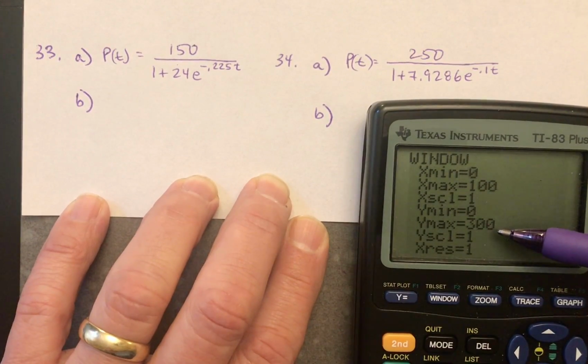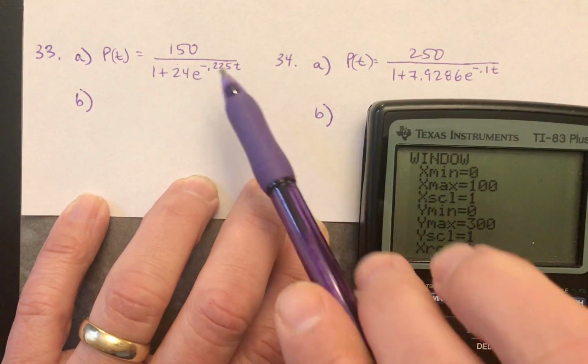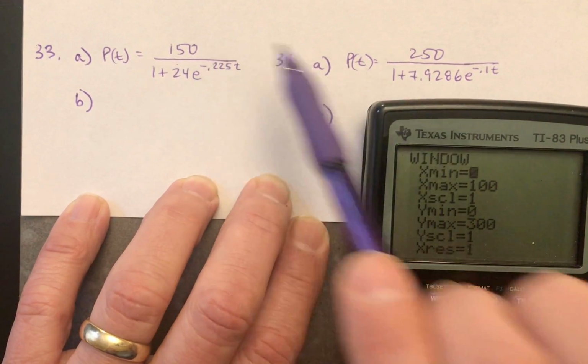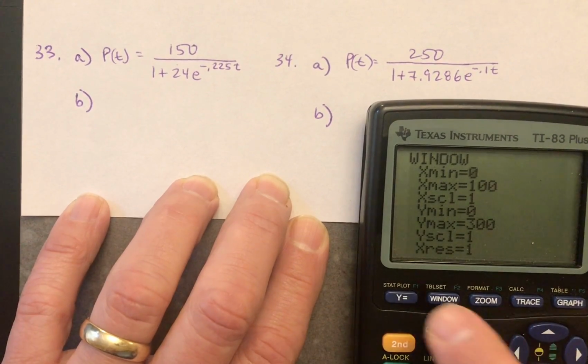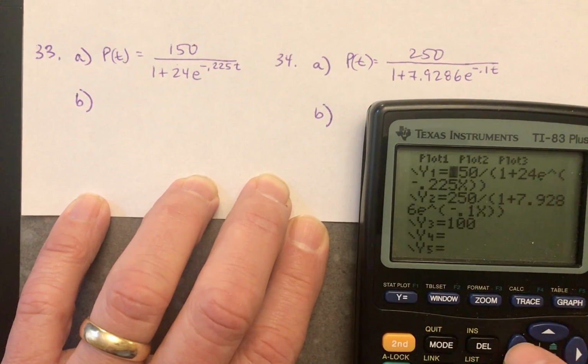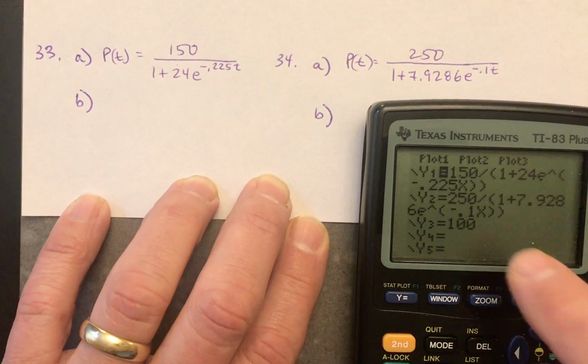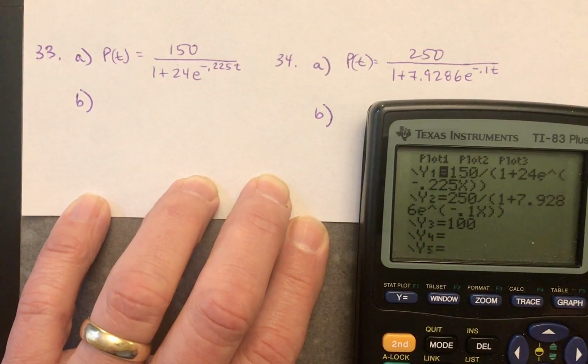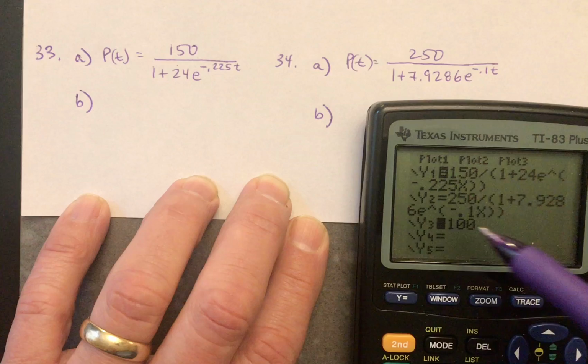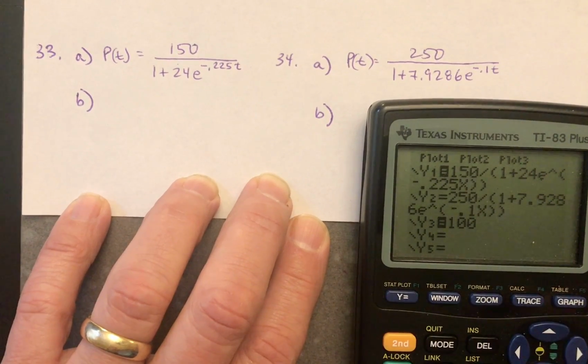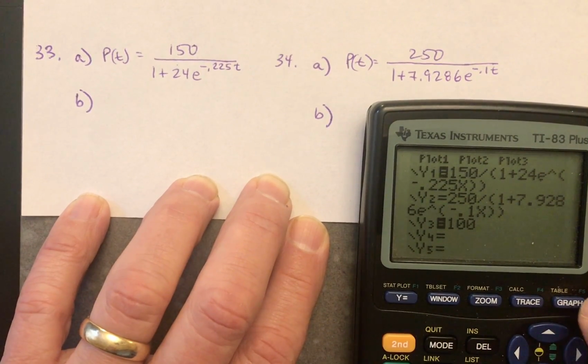So this max of 300 will help me when I graph this because I know that it won't go past 300. So now I'm going to turn on this equation, and I'm going to graph the horizontal line of 100 because I'm looking to see when that population in that tank will be 100.